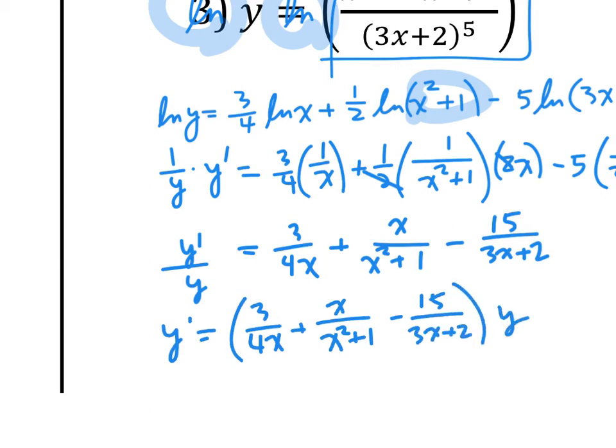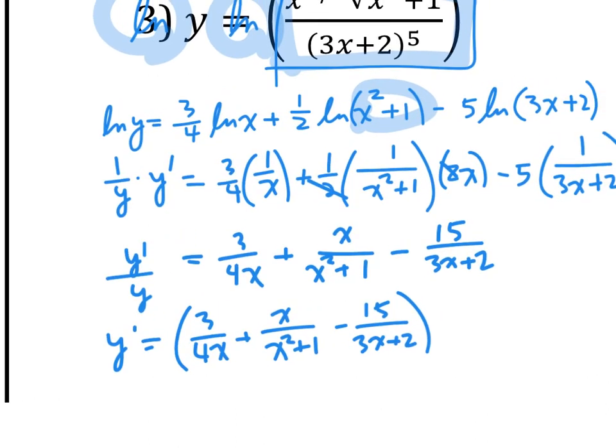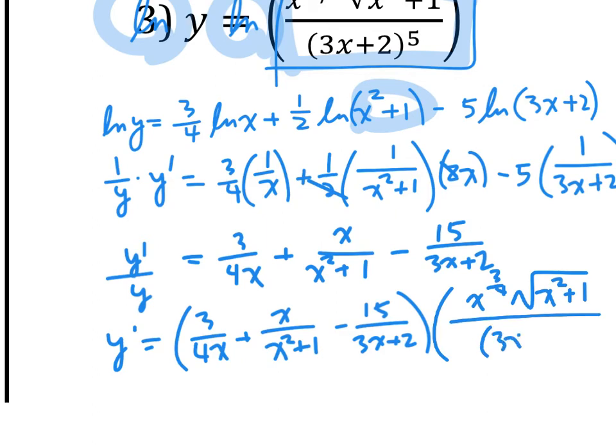And then what is y? Y is this thing from the very beginning. So I'm just going to rewrite the y part from the very beginning of the question. And that is my derivative.